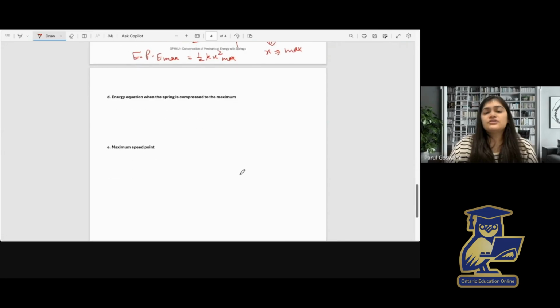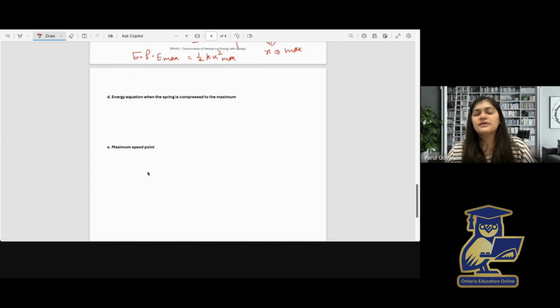Now, energy equation when the spring is compressed to the maximum. So, we started with the maximum compression. So, the spring has the maximum elastic potential energy. If we compare the maximum compression to maximum height, then the spring's elastic potential energy is converted to gravitational potential energy.